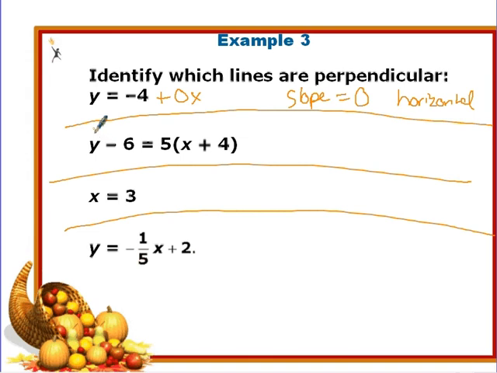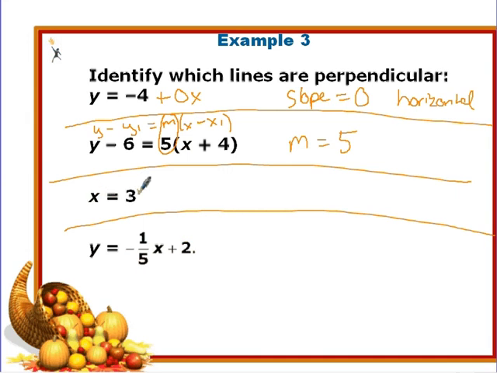All right, this one is in the y minus y1 equals m times x minus x1 format. It's in the point-slope formula. So m is the slope, m is 5. So here our slope is 5. x equals 3. Okay?